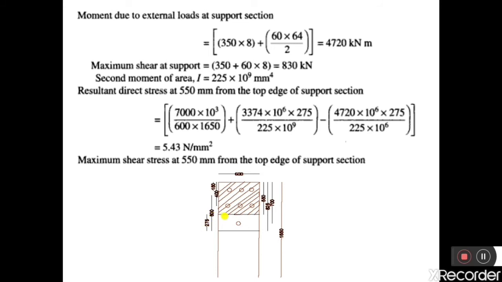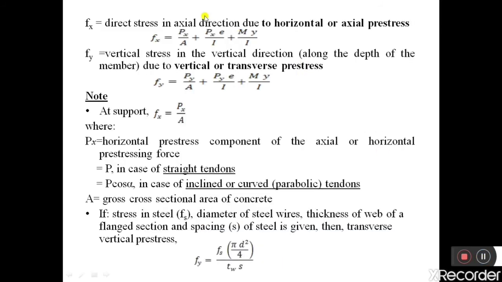And here the formula for f of x changes. At the support and at the centroidal axis, the formula for f of x was P by A, whereas here, to calculate the value of f of x for this plane, the formula will be this one.